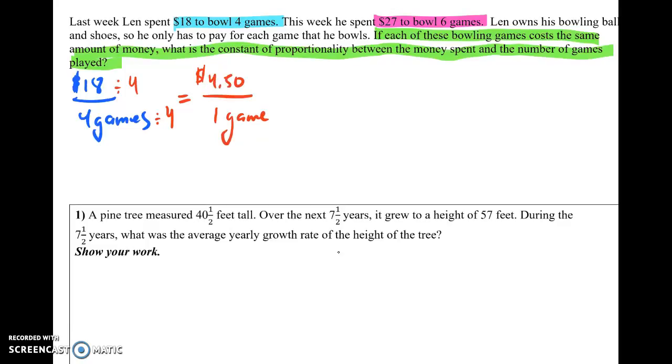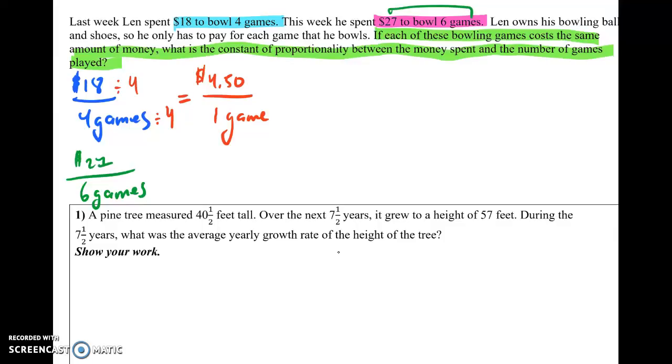Now if I was to stop here and say that 4.5 is the constant of proportionality or the unit rate, technically I did not show all my work. Just like in a table, I need to check it for every value. So I'm going to take my $27 for 6 games and make sure that the unit rate matches.